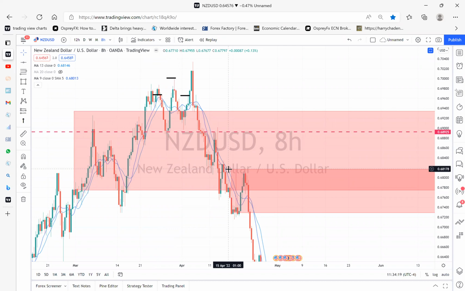Does that make sense? This is why understanding Wyckoff helps you, because these entries may not have been available if you didn't understand what you were looking for.